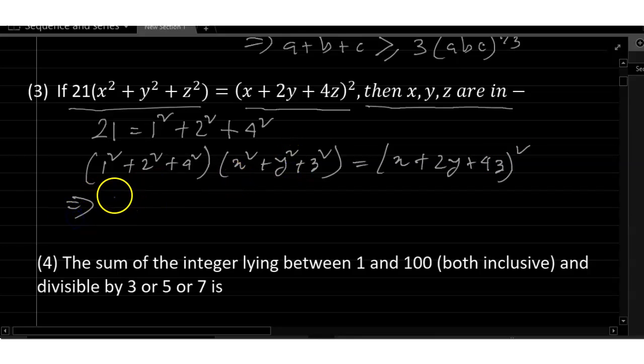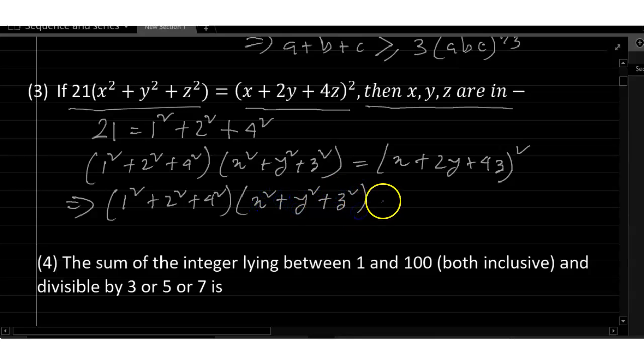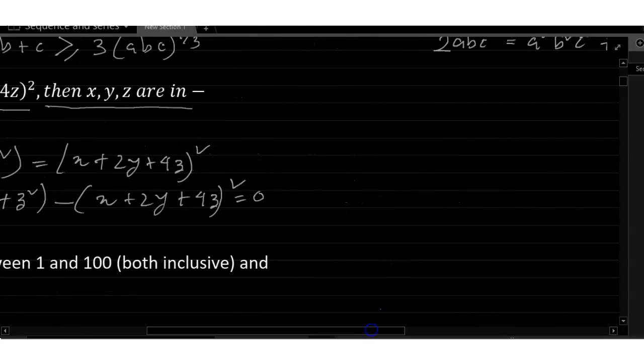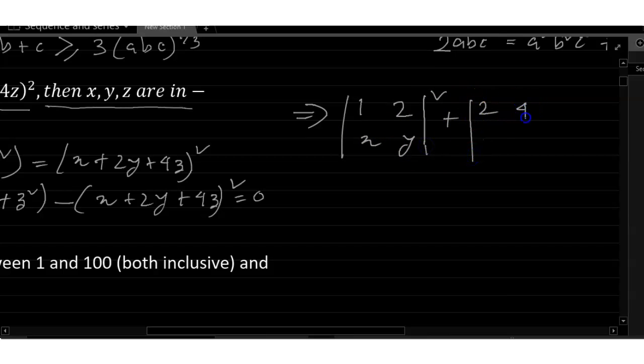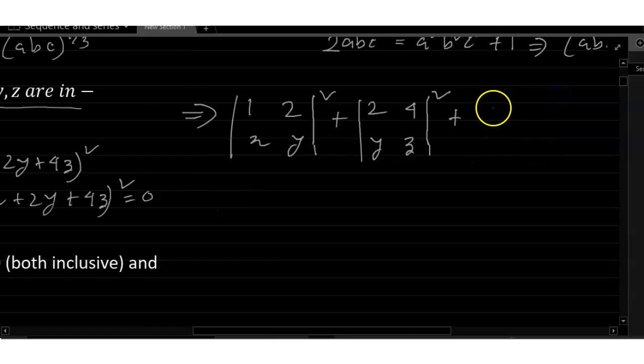That implies we can write this way: (1 square plus 2 square plus 4 square)(x square plus y square plus z square) minus (x plus 2y plus 4z) whole square equals 0. Very simple. Can be written this way: (1 2; x y) whole square plus (2 4; y z) whole square plus (4 1; z x) whole square equals 0.